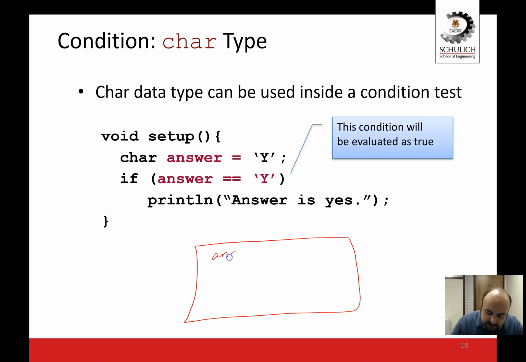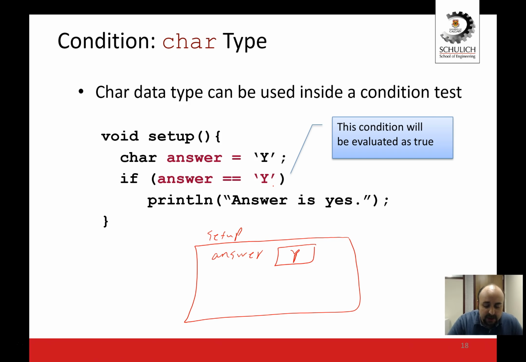So we have answer, and answer is actually set to y. So if answer is set to y, you can say if answer equals y, do this. And this condition will be evaluated to true because answer has y, and you're comparing that.